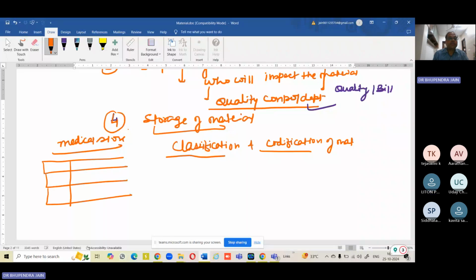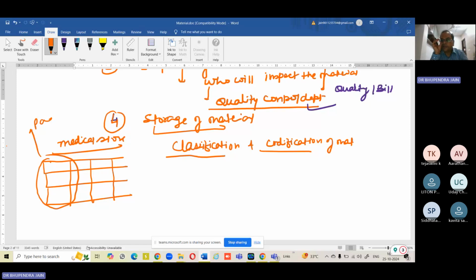Suppose these are some racks, and 3 racks are only for paracetamol. All types of paracetamol tablets are kept in this row. So whenever the shopkeeper reads the name of the medicine, he will move directly to the side in which paracetamol tablets are stored.